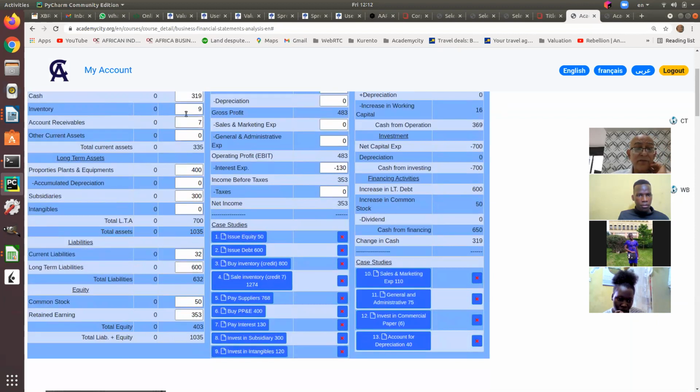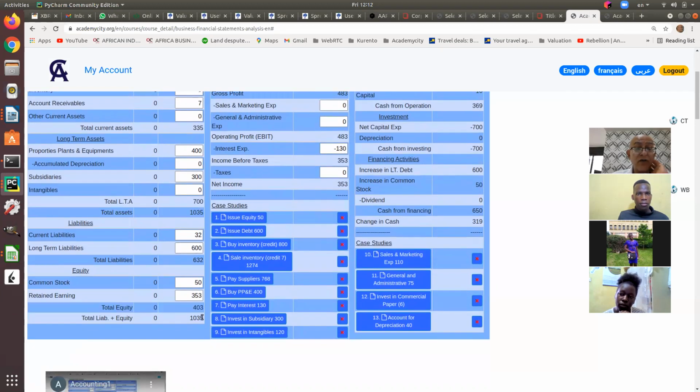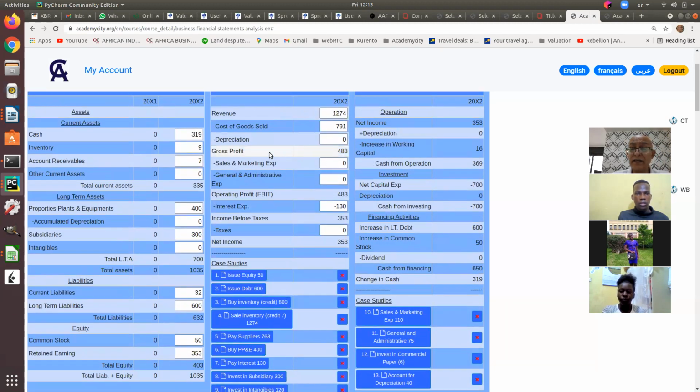Total asset didn't change because my current assets of the cash went down, but I have another asset. So total asset haven't changed. And if total asset didn't change, it will remain equal to the total equity plus total liabilities. Beautiful. No effect on income statement.